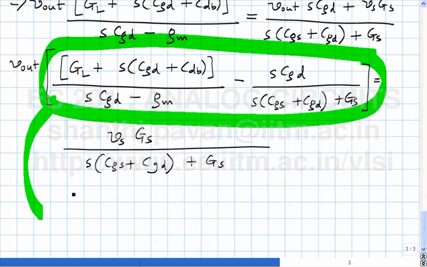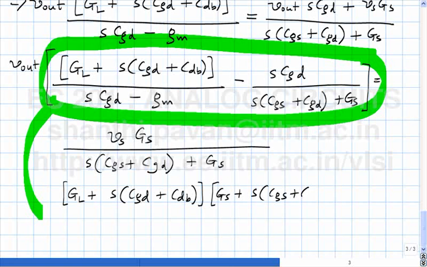And that is going to be GL plus S times CGD plus CDB times GS plus S times CGS plus CGD minus S times CGD times S times CGD minus GM.